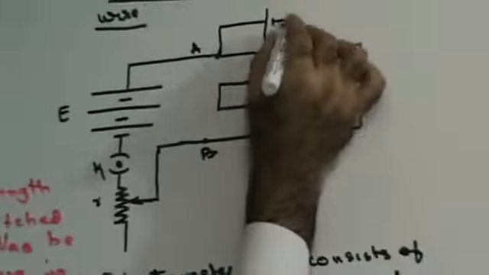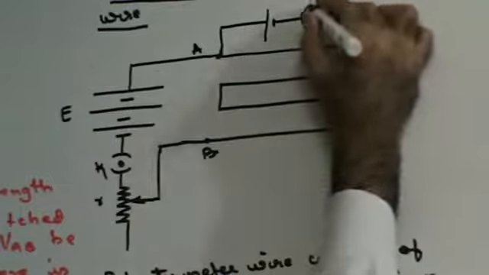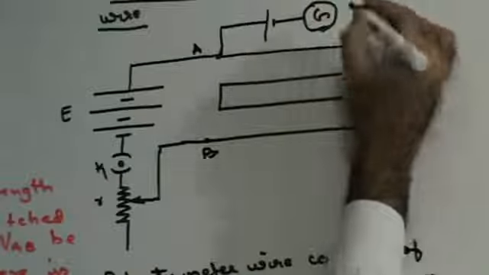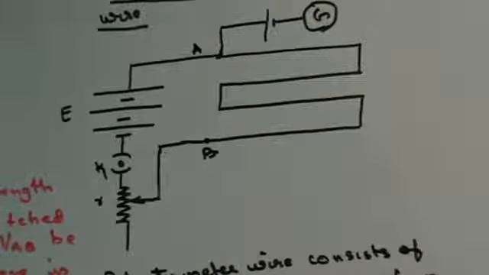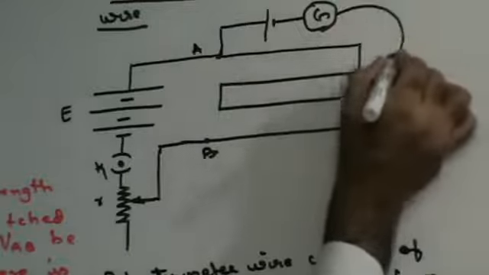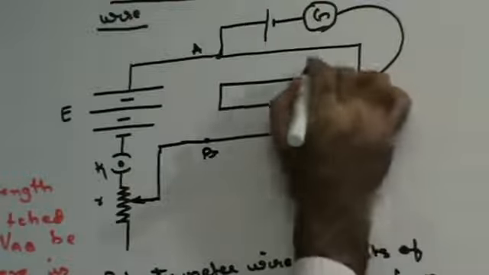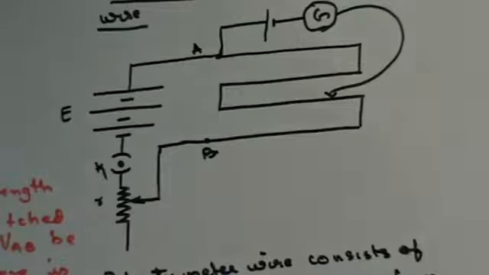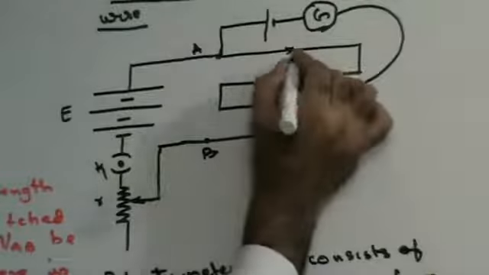The other end of that cell is connected to a galvanometer, and the other end of the galvanometer is connected to a jockey which can move on the potentiometer wire, right? That's how current is moving.